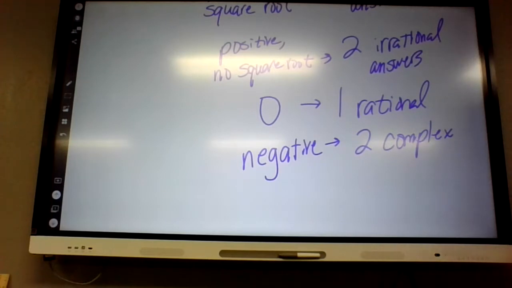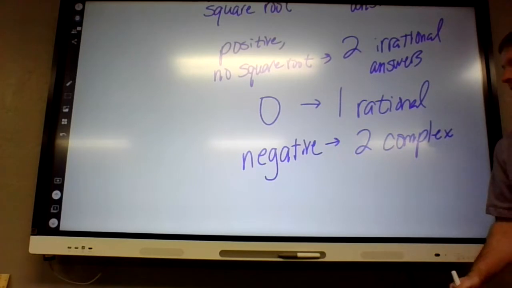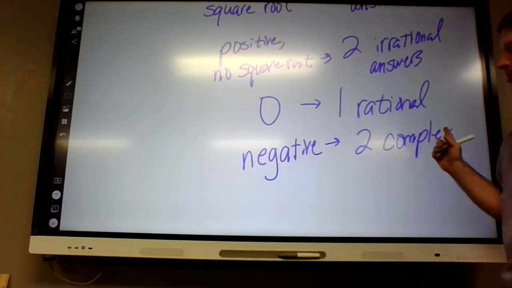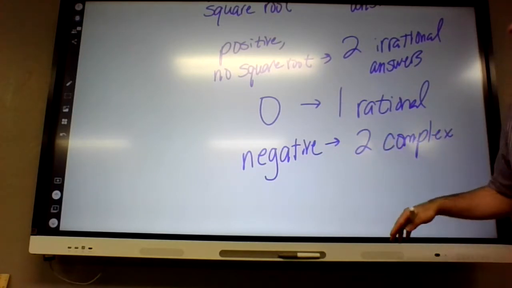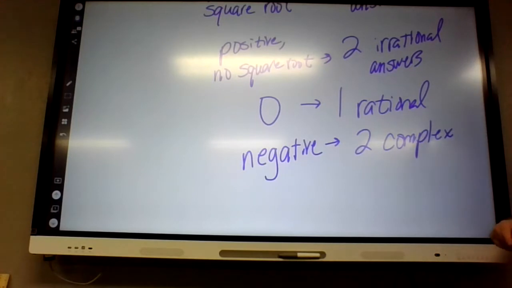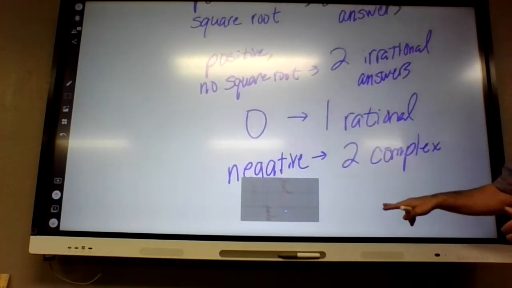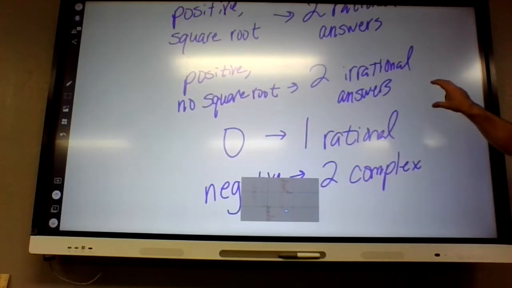Complex just means like 3/4 plus or minus i square root of 5. It adds the real plus the imaginary together. That makes it complex. So that's maybe a little better way of saying it than just imaginary. Anyway, those are the 4 possibilities.